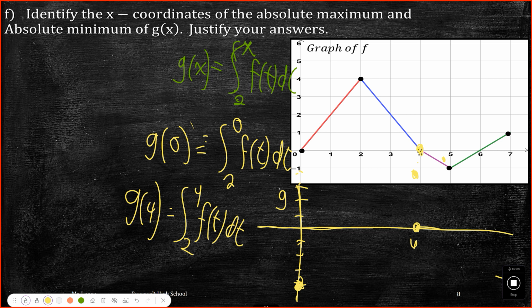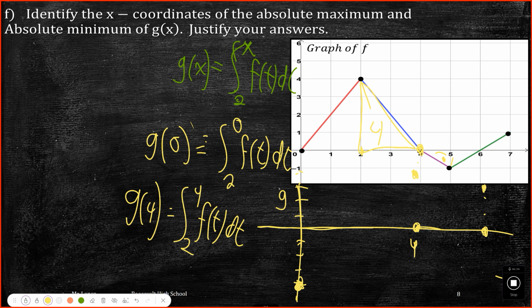Which other one do we need to test? 6. From here to there, we said this is 4, and this part is negative 1, so it'll be 3.